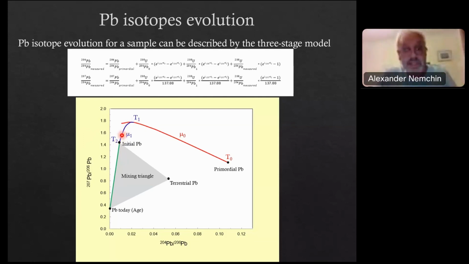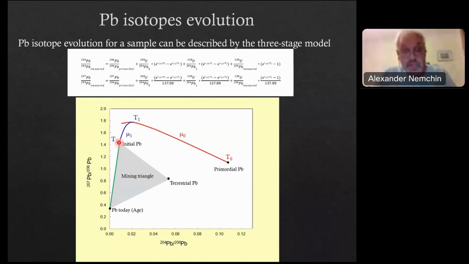Finally, at the end of this second stage, we get the rock we're going to study at time t. This is the age of our rock, and the isotopic composition of our lead reaches this point here, which is the initial lead of the material we are studying.